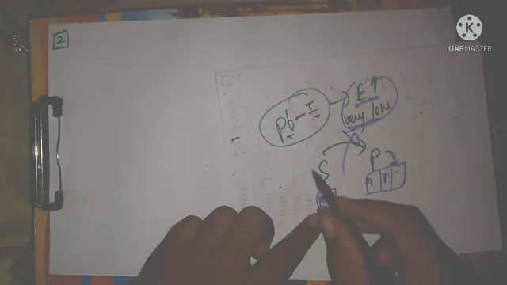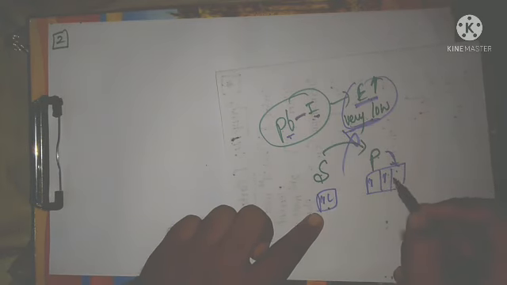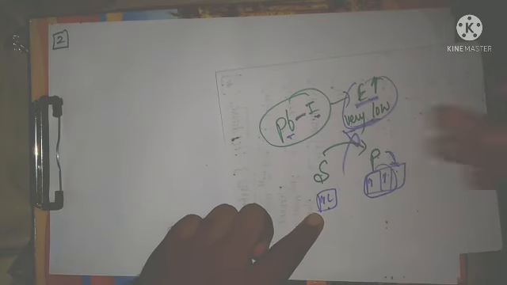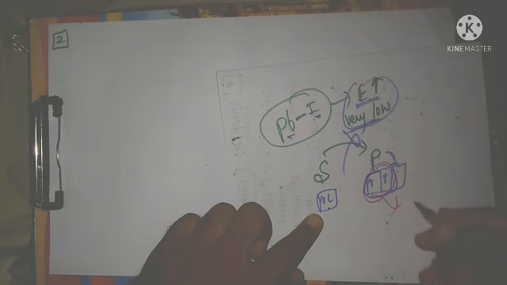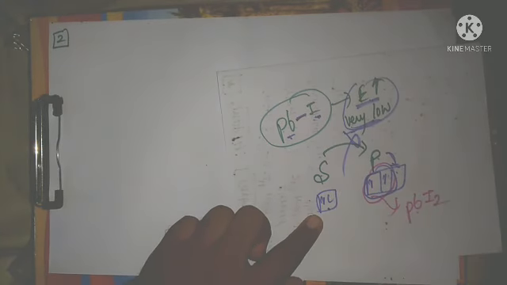Therefore, only two unpaired electrons are involved in the bonding, so it can form only PbI2.